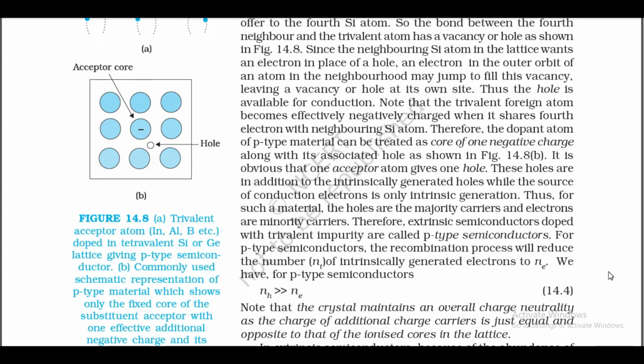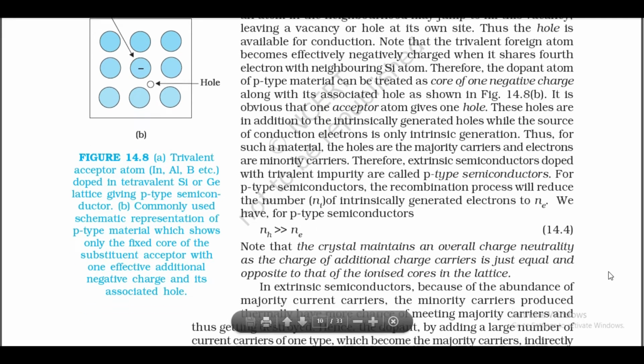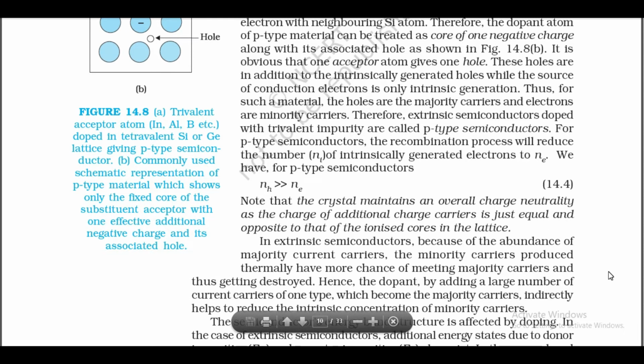Thus, for such material, the holes are the majority carriers and electrons are minority carriers. Therefore, extrinsic semiconductors doped with trivalent impurities are called P-type semiconductors. For P-type semiconductors, the recombination processes will reduce the number Ni of intrinsically generated electrons to Ne. We have for P-type semiconductors, NH is greater than Ne.